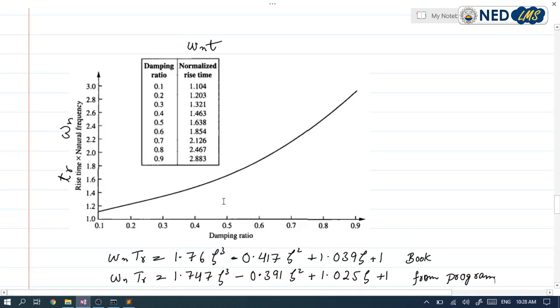Here I show you this program just to give you an idea of how these non-linear equations can be solved with the help of a computer program.